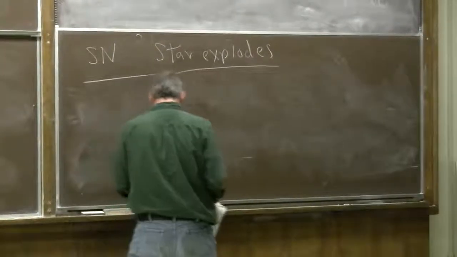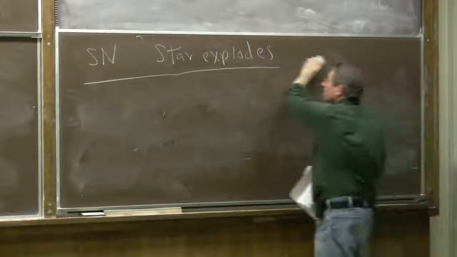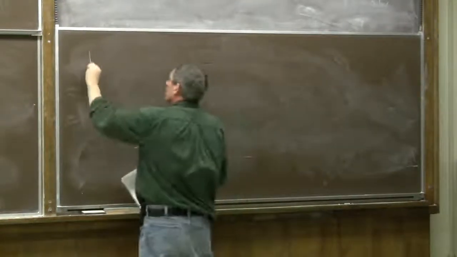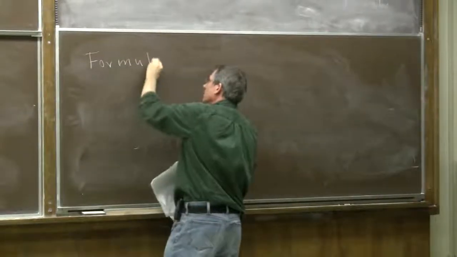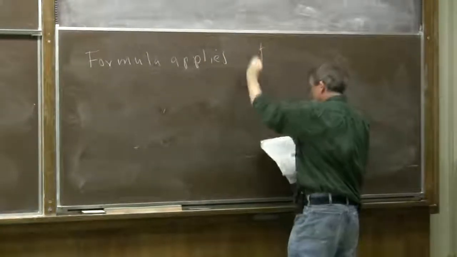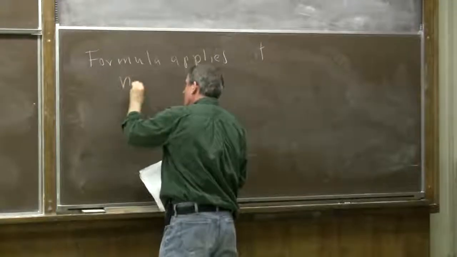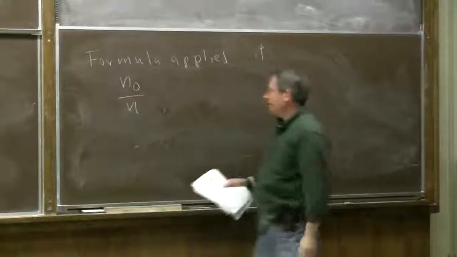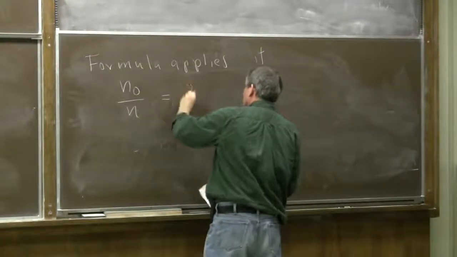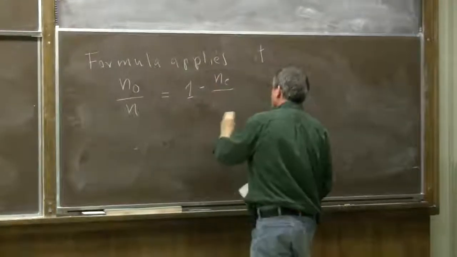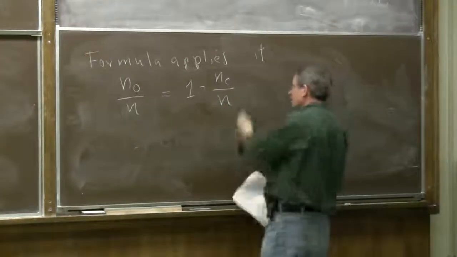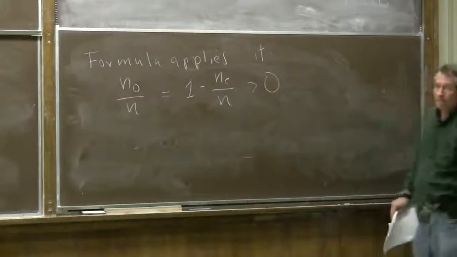So in other words, the formula applies if the number in the ground orbital per unit volume divided by the total number per unit volume, which is 1 minus the concentration in excited orbitals divided by the concentration, is positive. Okay?